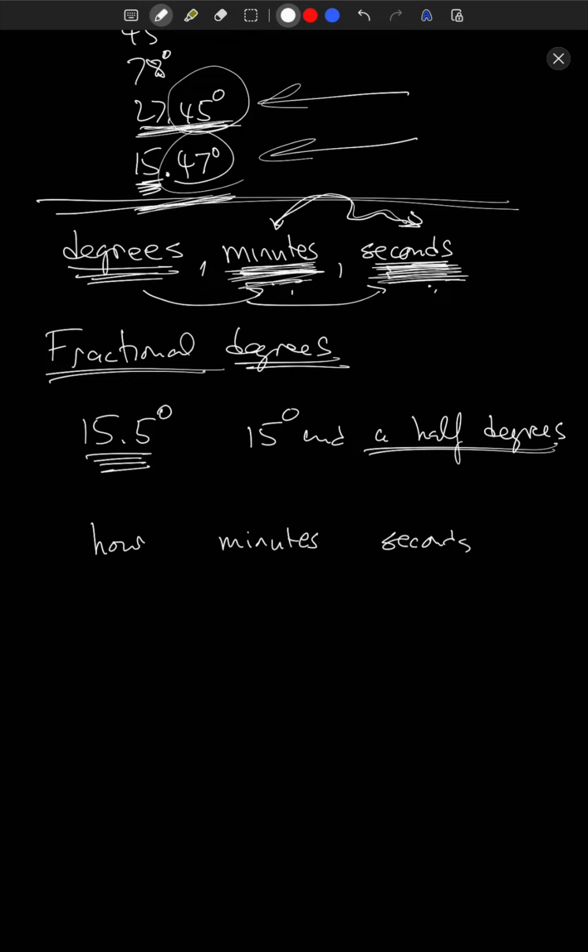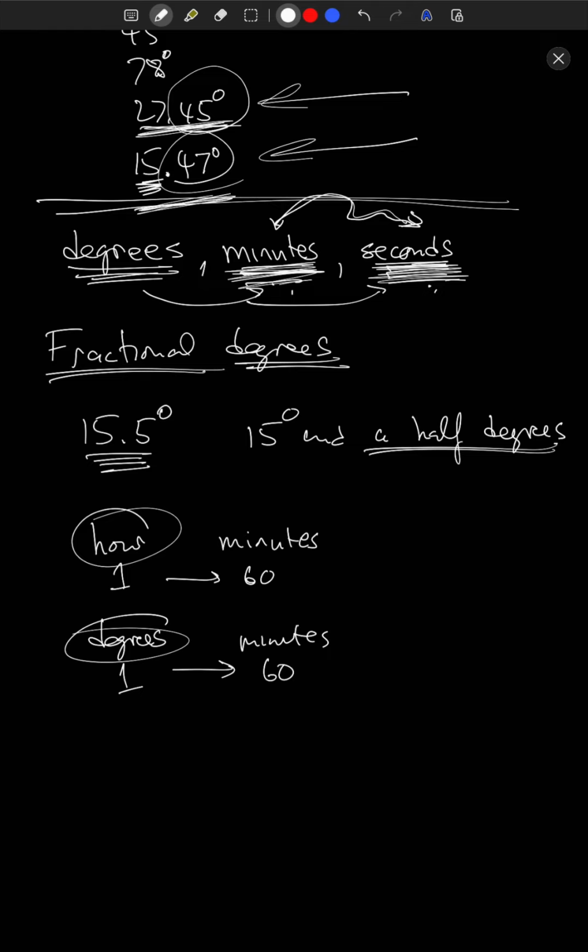So now we just do exactly the same thing. 1 hour can be broken into 60 minutes, for example, right? And 1 minute can be broken into 60 seconds. Now degrees, 1 degree can be broken up into 60 minutes. Okay, so it's literally the same. We're literally doing the same thing, except from hours to degrees.